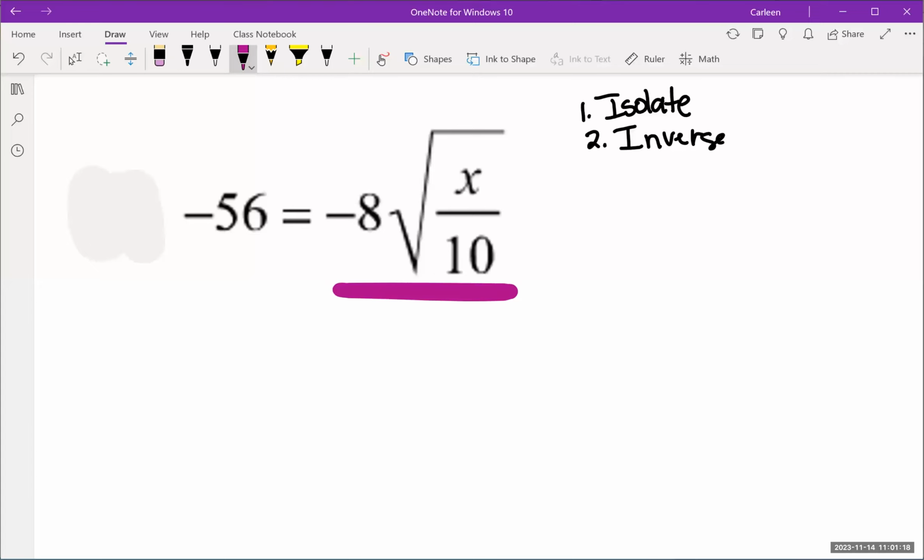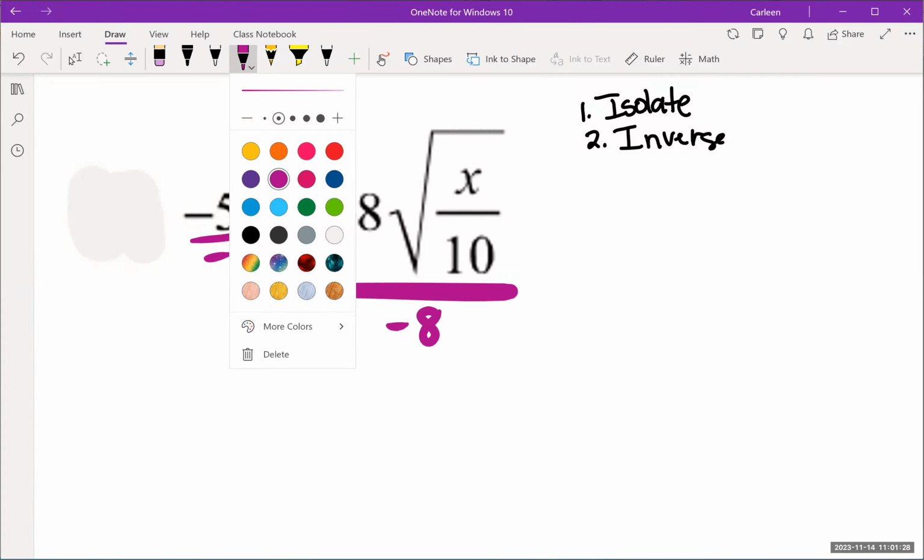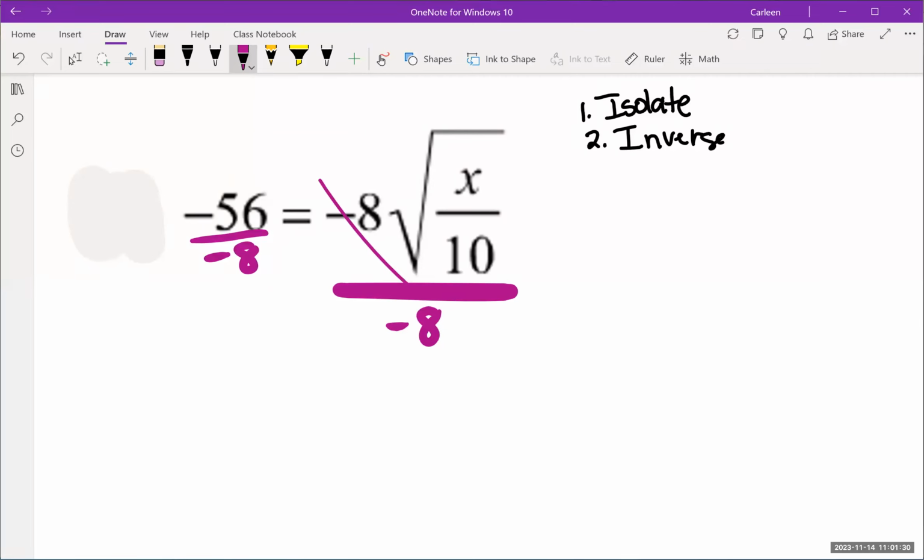Divide by -8. Okay, so I have +7 is equal to square root of x over 10.